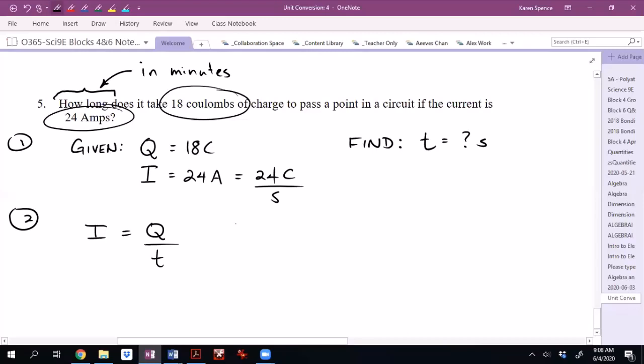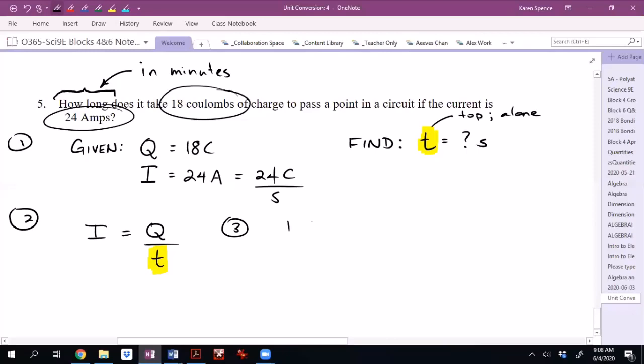Step three, isolate the variable that we want to find. So we want to find T, so we're going to isolate T, which means it needs to go on the top, and it needs to be alone on one side. It's not on the top right now, so let's make it go onto the top.